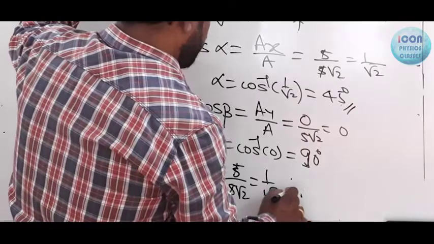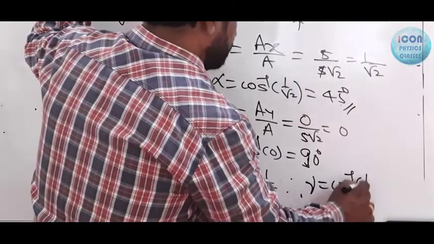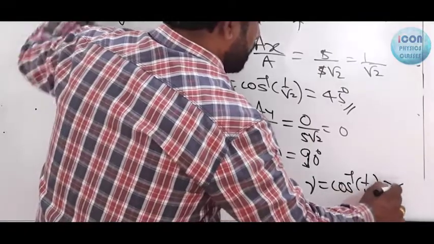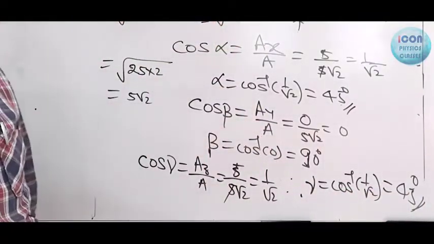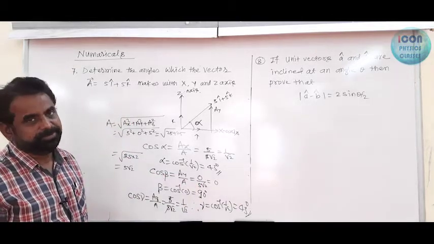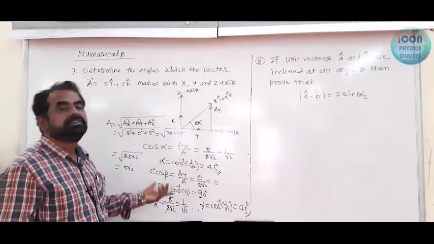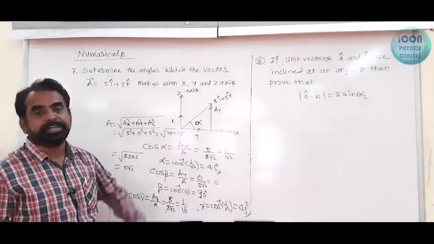Therefore, gamma is equal to cos inverse of 1 upon root 2, that is 45 degree. So, such another type of problem is what we learned here.